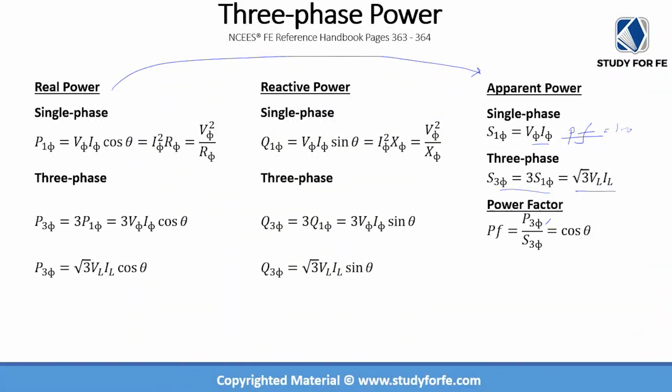If you're dealing with three-phase systems, it becomes P three-phase divided by S three-phase. And that is your cosine of theta. If you were to calculate the magnitude, S squared is equal to P squared plus Q squared, and S is equal to the square root of P squared plus Q squared.